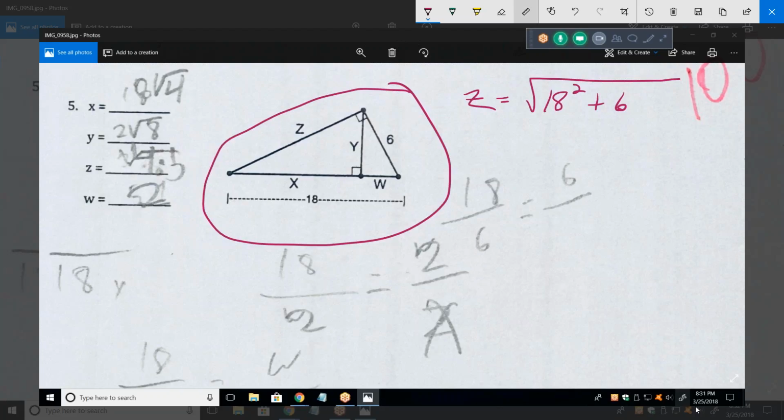No, I'm sorry. My mistake. It is minus, because we're solving for a short side of a right triangle. It's the hypotenuse squared minus the other short side squared. Can you give me a number for that? Round it off to the nearest whole number.